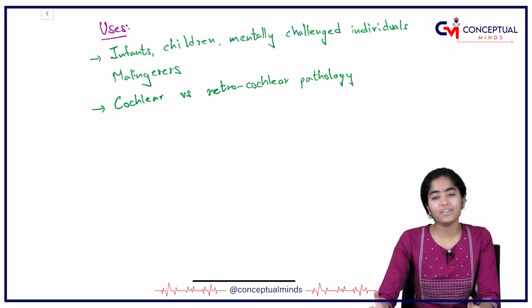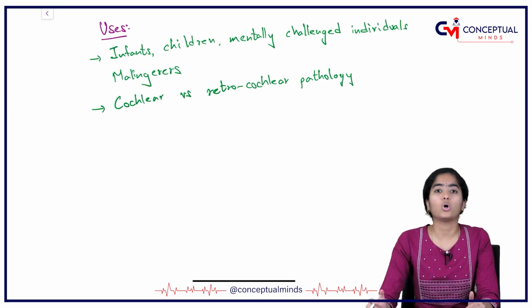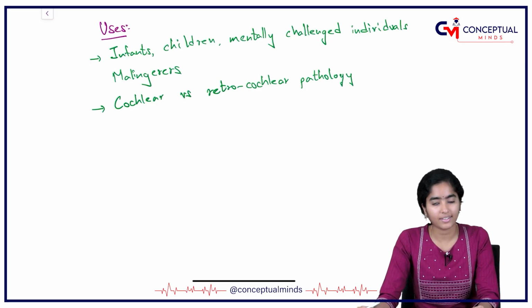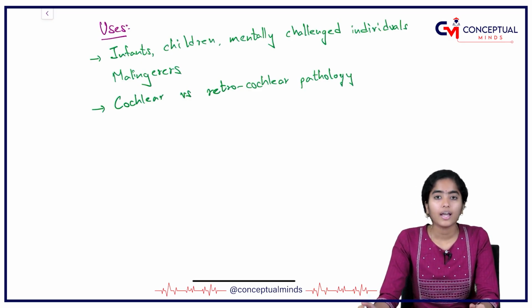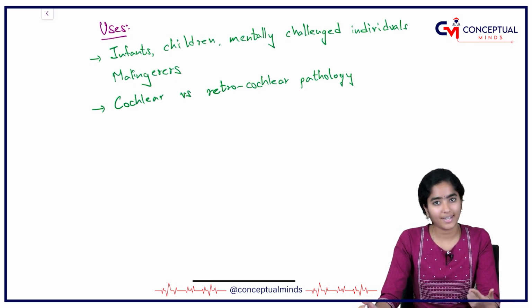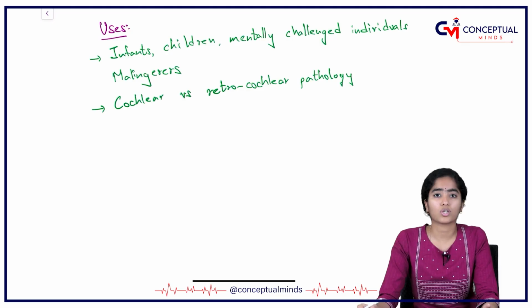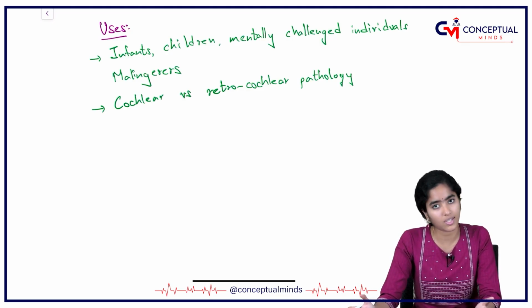So finally, how can we interpret this test is that if otoacoustic emissions are present, it is a sure shot sign that the cochlea is normal. If they are absent, it could be possible that the patient is normal. It could be possible that he is having conductive type of hearing loss or some middle ear pathology. It could be possible that he is having a hearing loss of more than 30 decibels. It could be possible that his cochlea is abnormal.